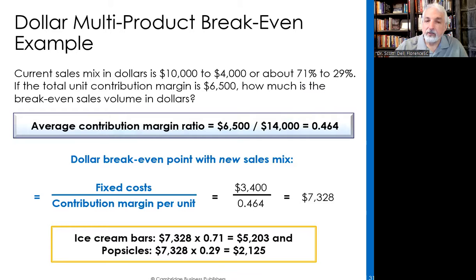And then we take a little closer look. We're using that break-even analysis, and we have an average contribution margin ratio. So sales mix of 10,000 to 4,000, 71.29 is roughly. The total contribution margin is 6,500. So we break that down out of the total 14,000 of total revenues, total sales, and we get 46.464 or 46.4%.